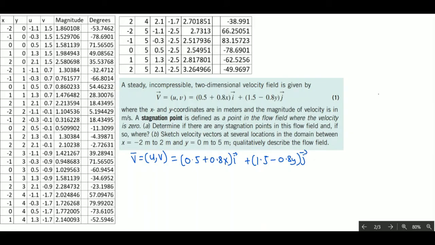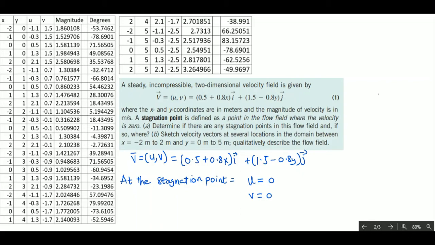At the stagnation point, the u component will be 0 and the v component will also be 0.